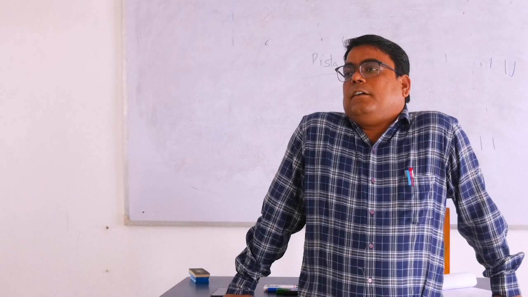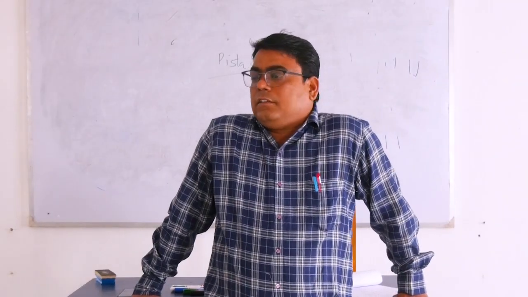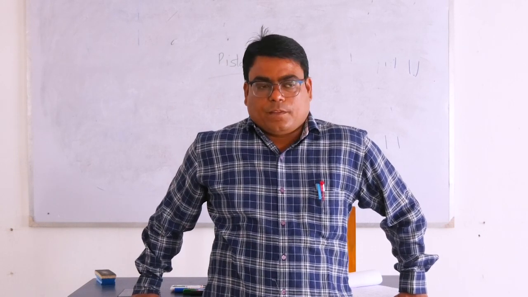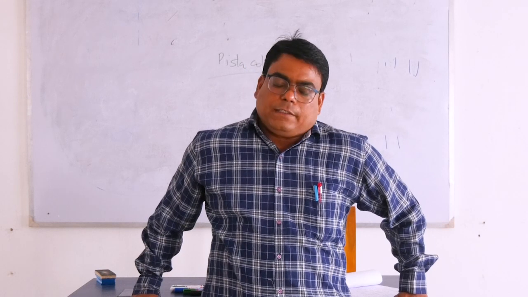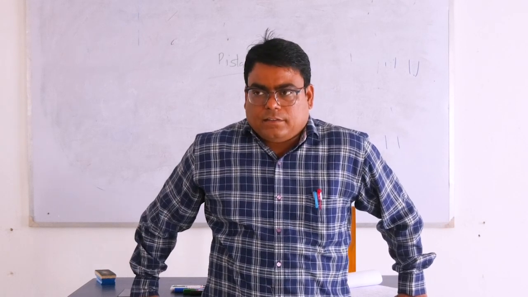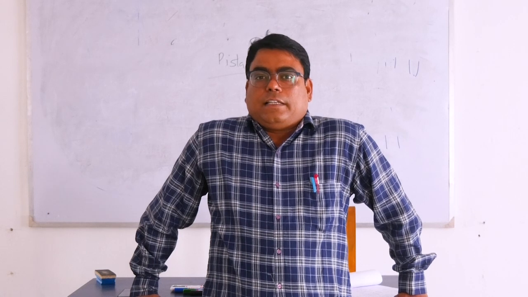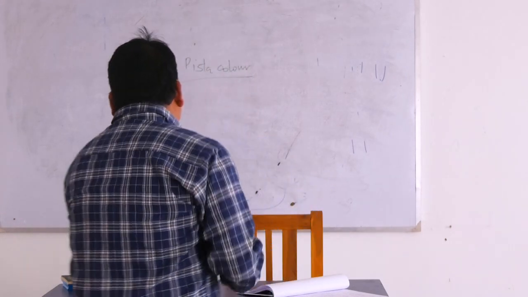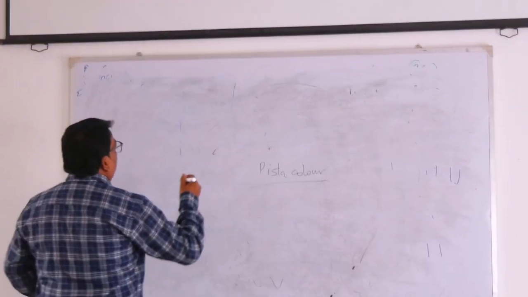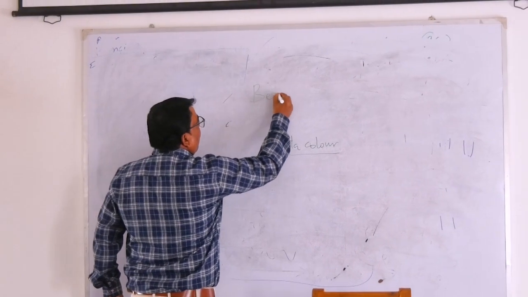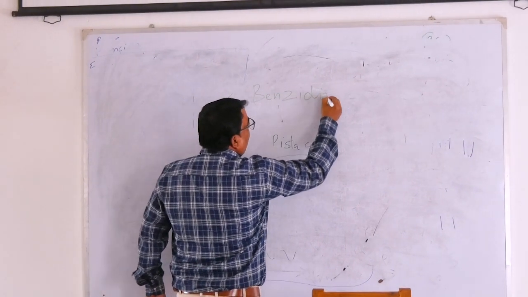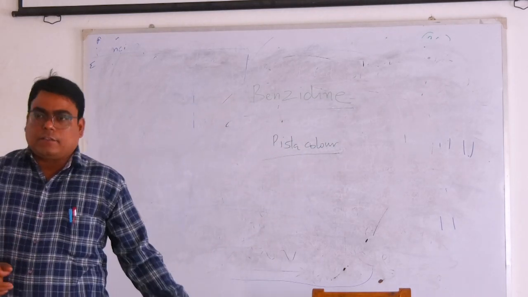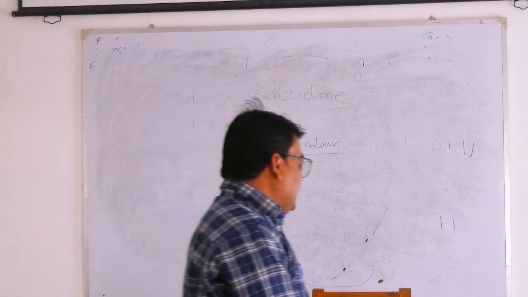We are talking about abnormal constituents of urine. Test for blood means if blood is present in the urine, we perform this test. But generally we do not perform it because it is banned, restricted, as benzidine is a carcinogen. That is why we do not perform this test in the lab.